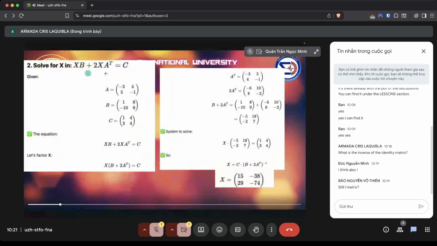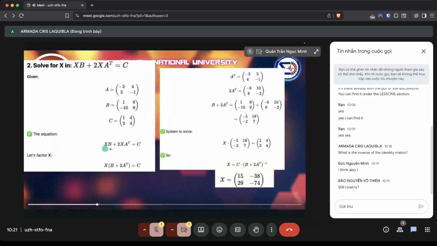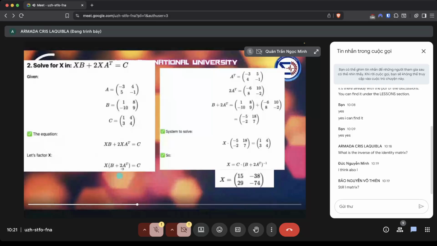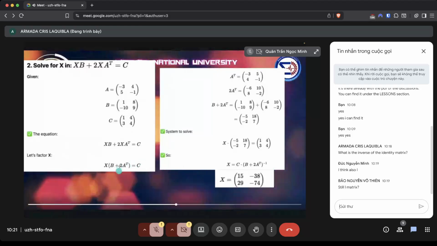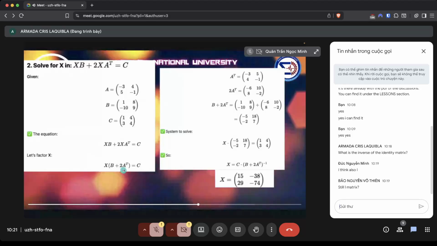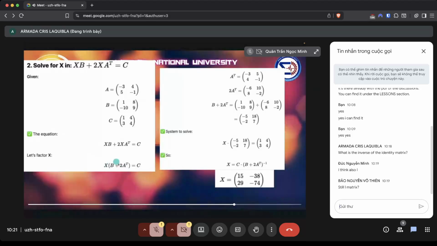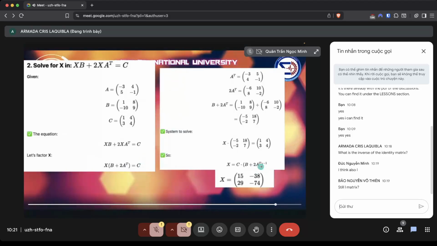Okay, so we have this. This is your A, this is your B, this is your C. Now, the equation is this. You can factor out X outside. So X times (B plus 2A transpose) equals C. Now, when you transfer this B plus 2A transpose to the other side, since it's on the right side of X, you have to multiply the inverse on the right side of your C.